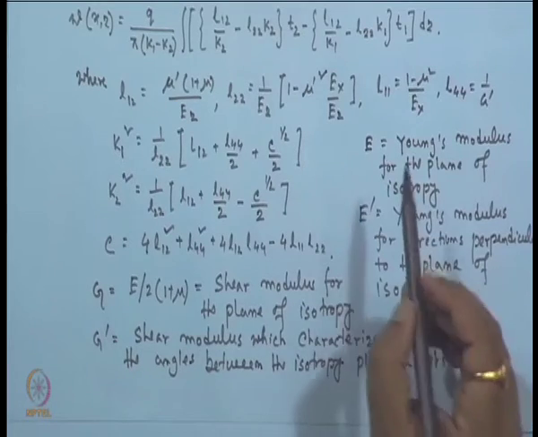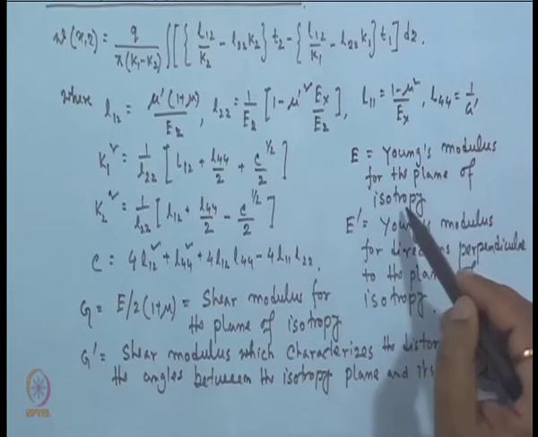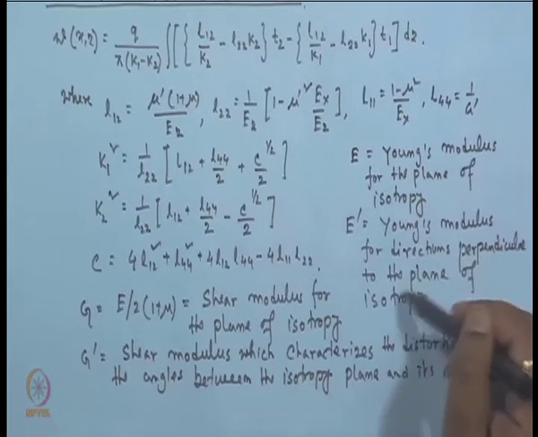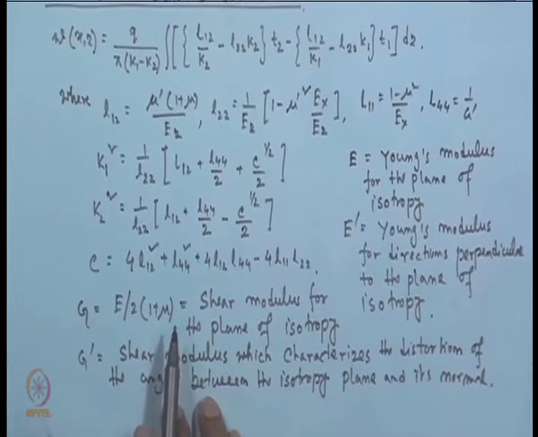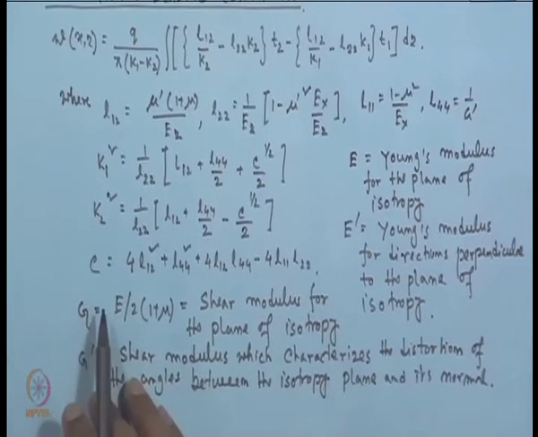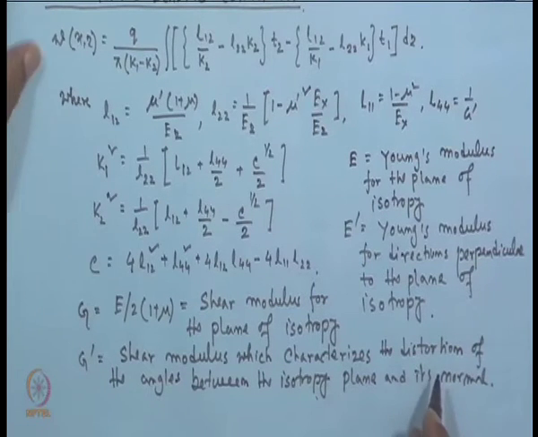So, E is the Young modulus in the plane of isotropy, E dash is the Young modulus in the direction perpendicular to the plane of isotropy. G is the shear modulus in the plane of isotropy, and G dash is the shear modulus which characterizes the distortion of the angle between the isotropy plane and its normal.